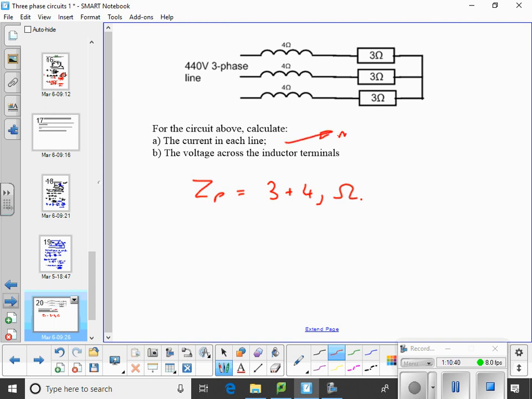What if I said to you, I want the magnitude only? How would you do it? I'm not interested in angles. I just want to know how many amps are flowing in each phase.